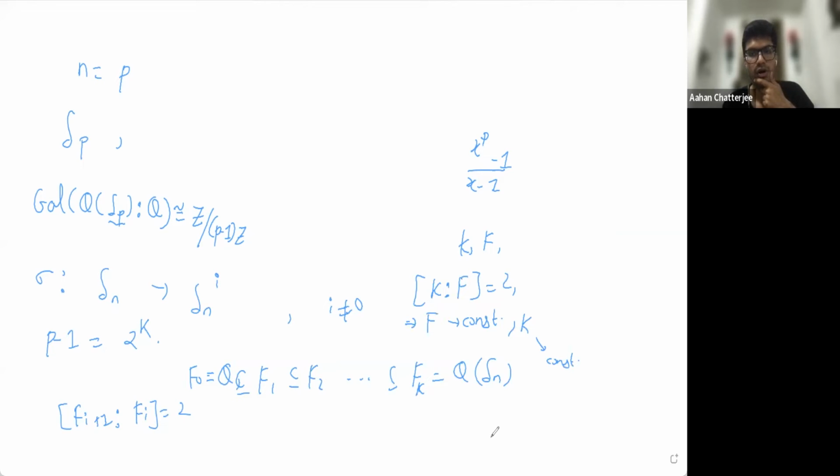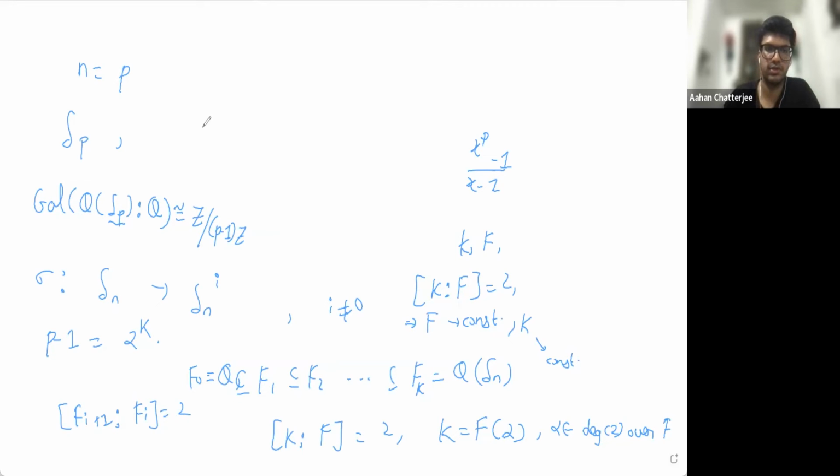So can anyone see why this is true? Basically, when the degree of K over F is 2, you can write K equals F(alpha) for some alpha which has degree 2 over F. Then alpha will be a root of a quadratic, and you can construct alpha by just taking a square root.